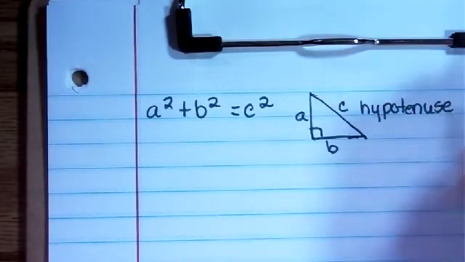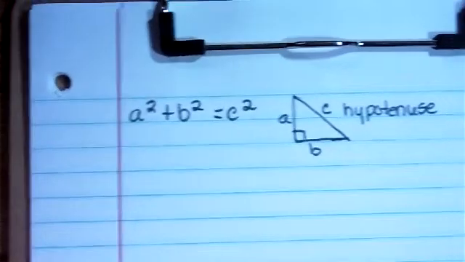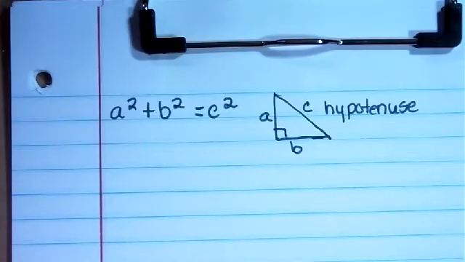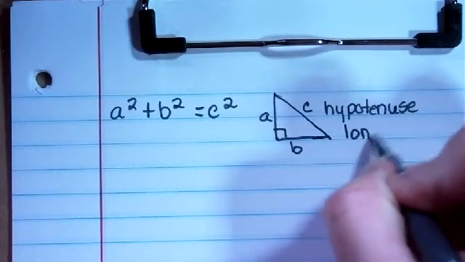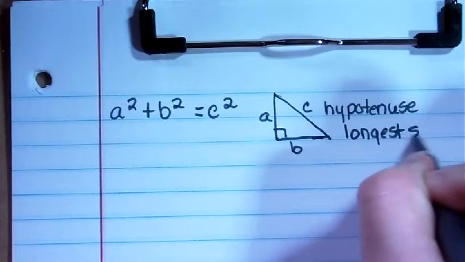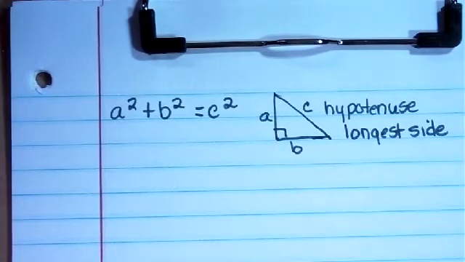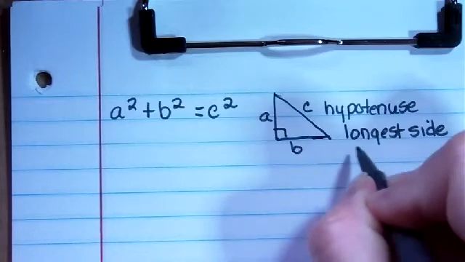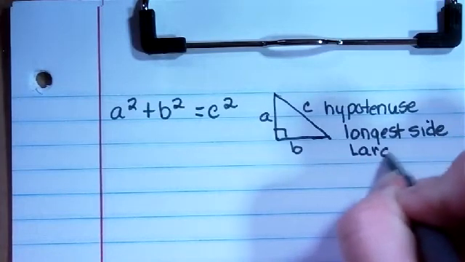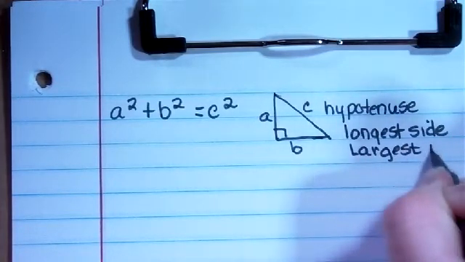Now, there is a characteristic of C that we've not talked a whole lot about yet, but it is important for us today. C, the hypotenuse, is always the longest side. If it is the longest side, that means it is going to be the largest number.